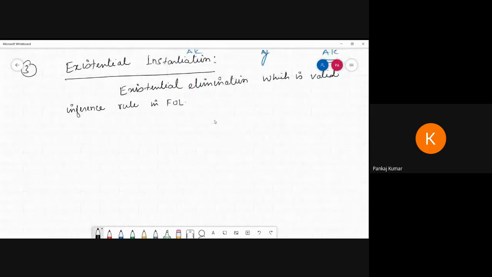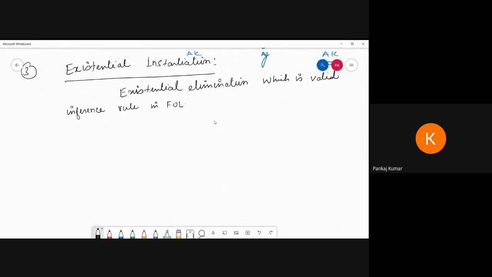Now, existential instantiation, how to represent it? Some points are also important.